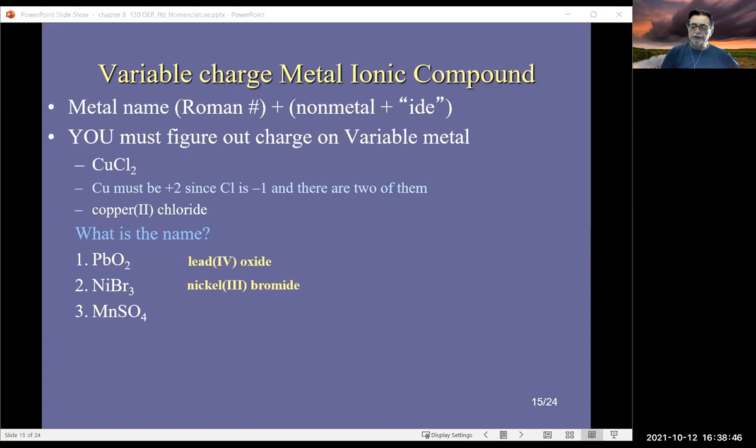Manganese, the sulfate. This is the polyatomic ion, SO4. We know from the table it's got a -2 charge. That infers that Mn, manganese, must be a +2. So therefore, its name is manganese, Roman numeral 2, sulfate.